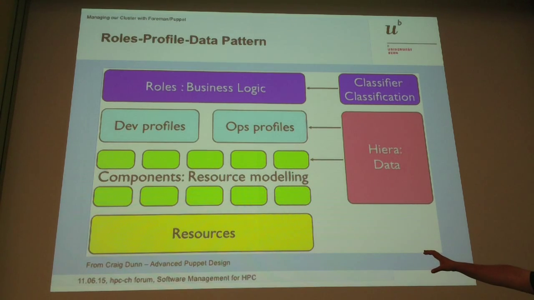That's what we saw at the beginning: files, packages, and the like. Those are combined together, then represented by modules. Let's say you have a module for SSH, a module for CVMFS, or a module for OpenLDAP. Those are, let's say, the service modules.